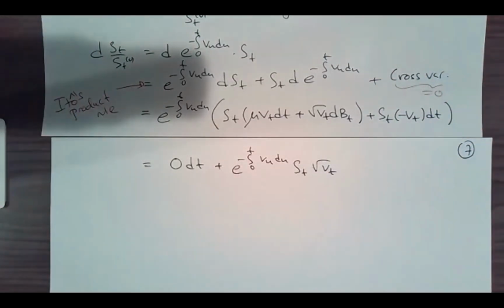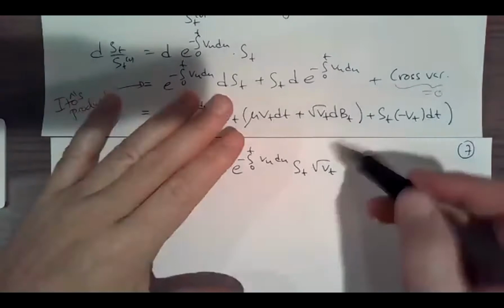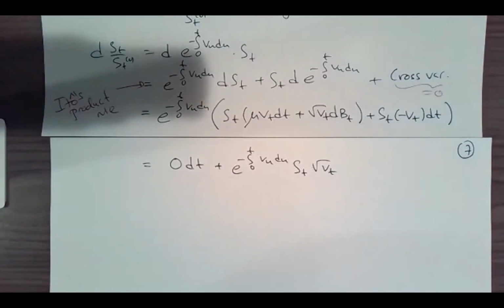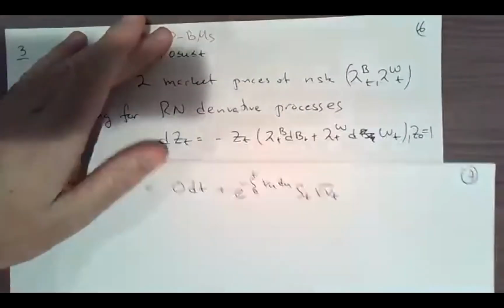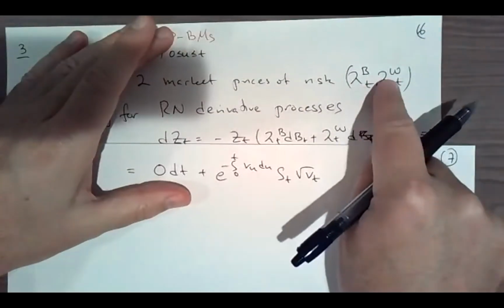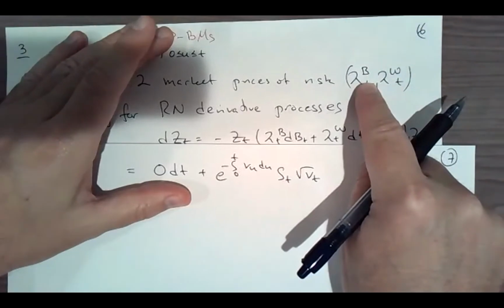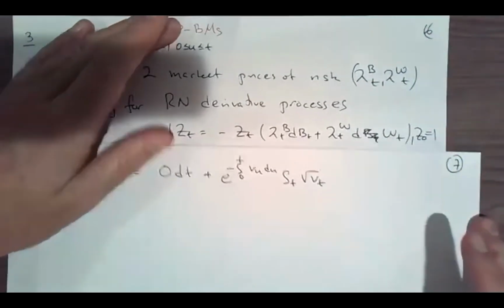Then I need to know what happens to the Brownian motion when I move to a different measure. That's where the market price of risk comes into play. This is the correction term that one needs to add in order to get a Brownian motion under the new measure.